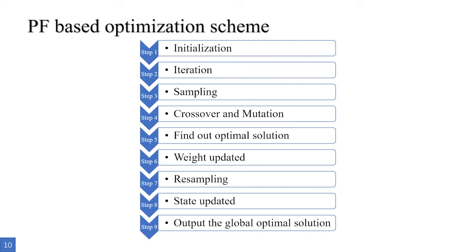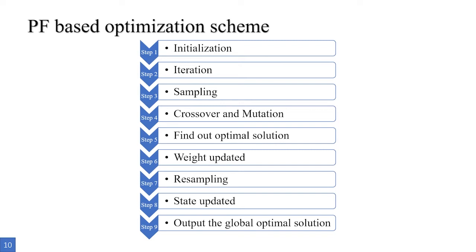Step 3. Sampling. The sampling is state-centric, and particles are randomly sampled from the solution domain of the measurement function. The sampling region should be narrowed as the iteration increases.